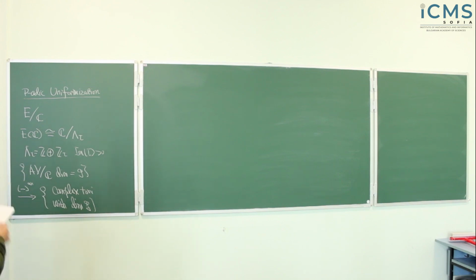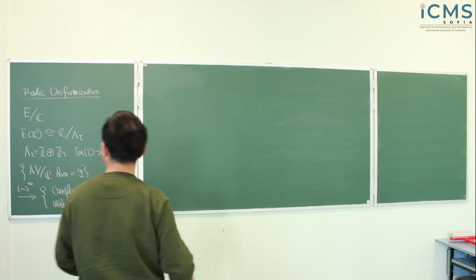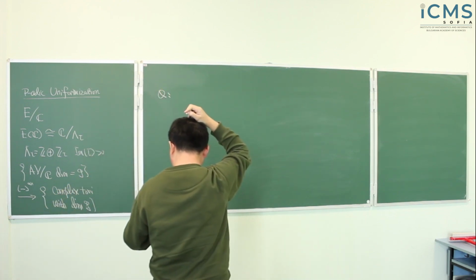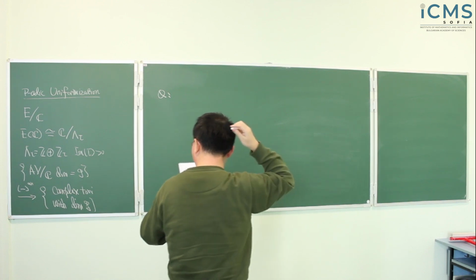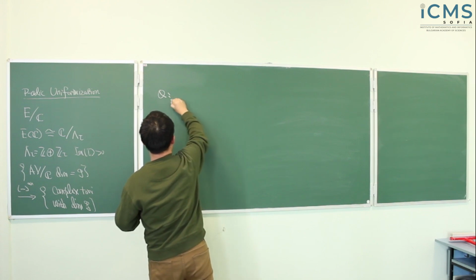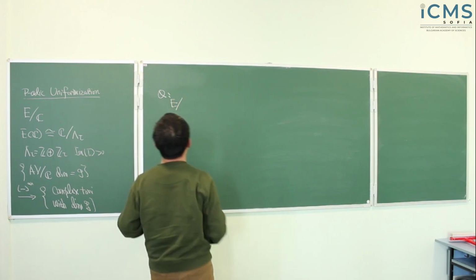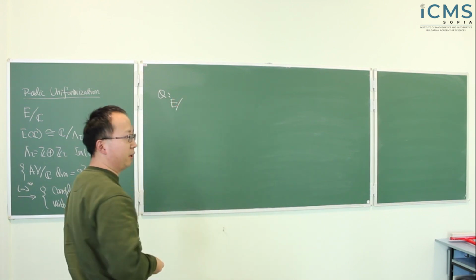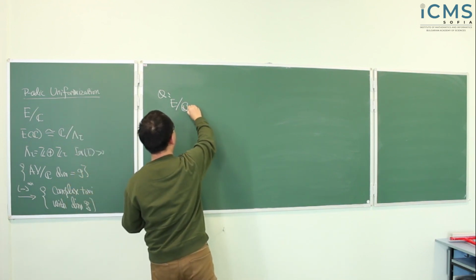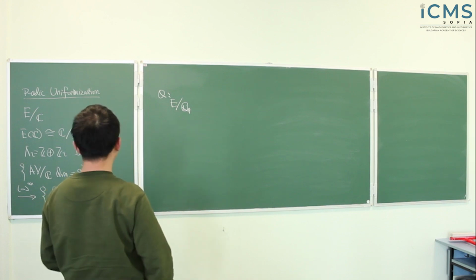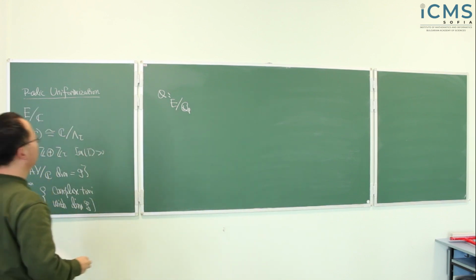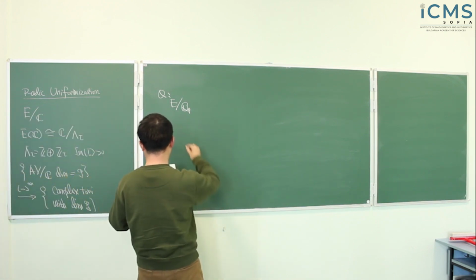If we consider an elliptic curve over a non-Archimedean field, for example the most classical one, Q_p, the natural question is whether we have a similar construction.